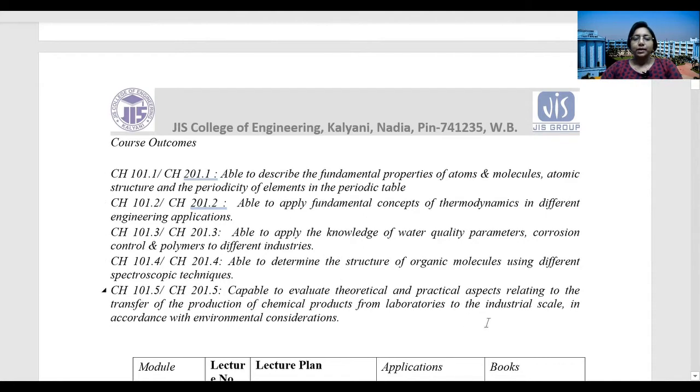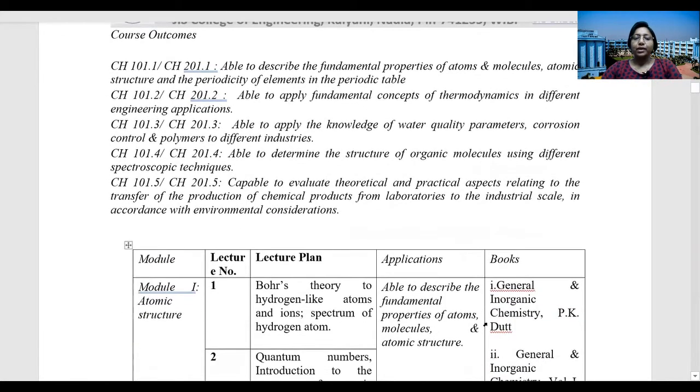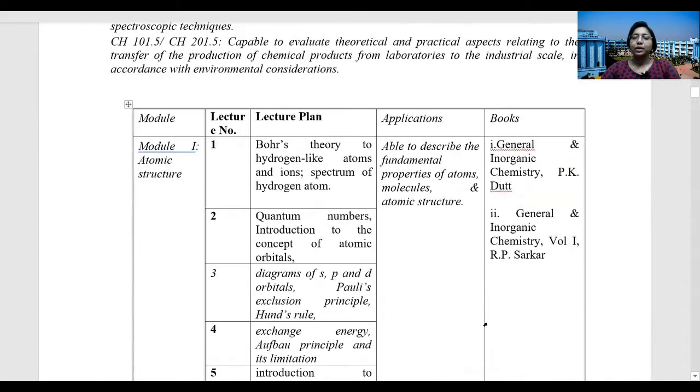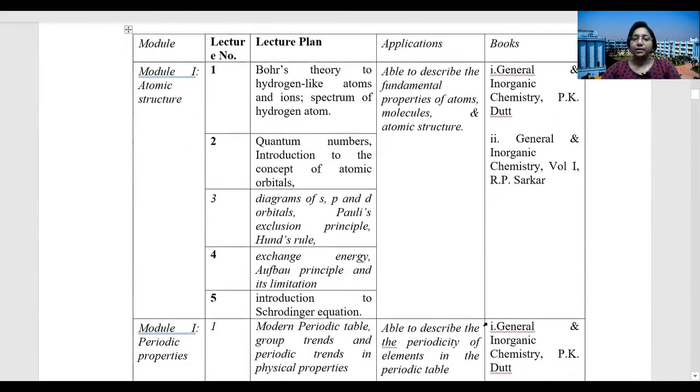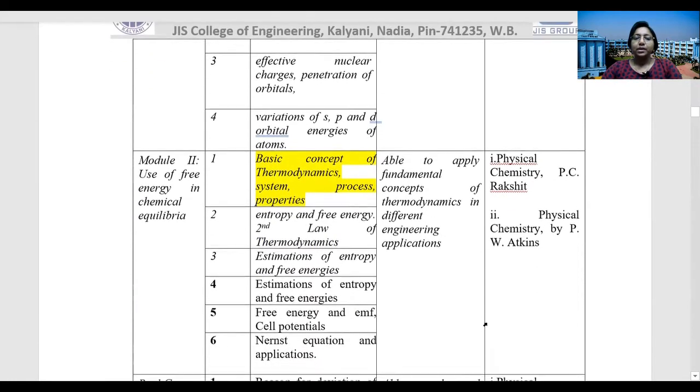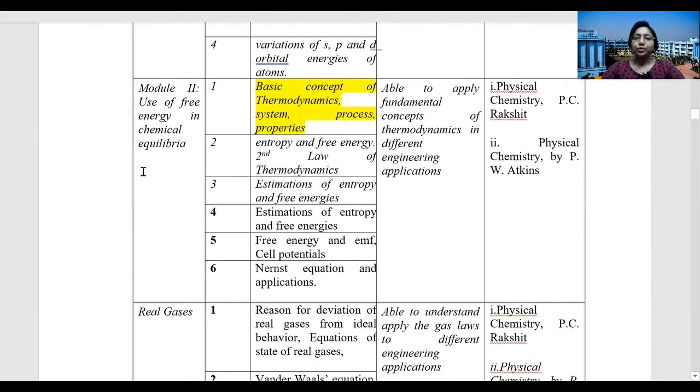Here I have also given the entire lecture plan. From this you will get the idea of which topics will be covered on which day. This one is part of module 2, the use of free energy in chemical equilibrium.